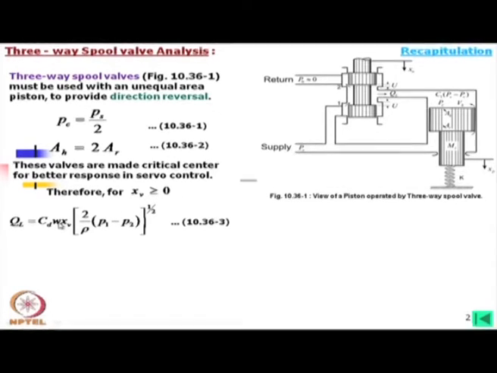Now, W is the total peripheral length of the spool, or so to say, inside of this groove. That means in this case we can directly get W equal to pi into D, that is the diameter of the spool, or dP, whatever it might be.